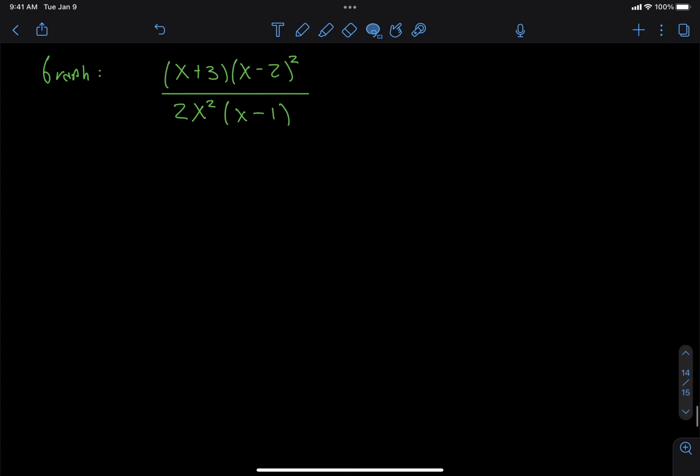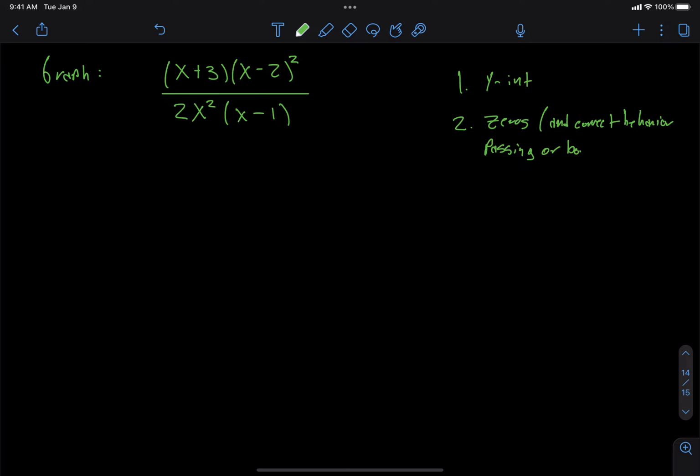So for graphing, we had like 6 things or something like that. Six steps. Okay, let me show you what I want to see in your picture. I want y-intercept. I want zeros. And correct behavior. By correct behavior, I mean passing through the x-axis or bouncing off of it.